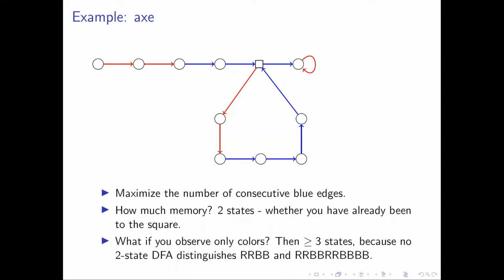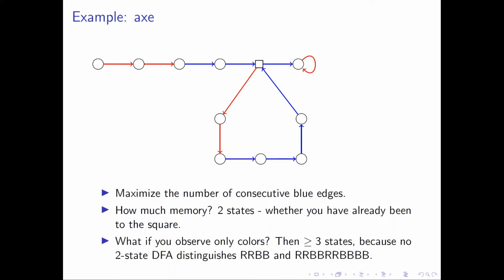And when it receives an edge which starts in the square node, which indicates that we have already been there, our automaton, which realizes our general memory, transitions from the state that we haven't been to the square node to the state that we have been there. And so this finite automaton with 2 states realizes our optimal infinite path.